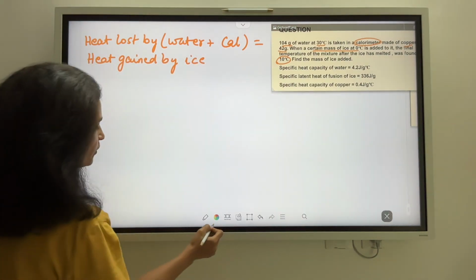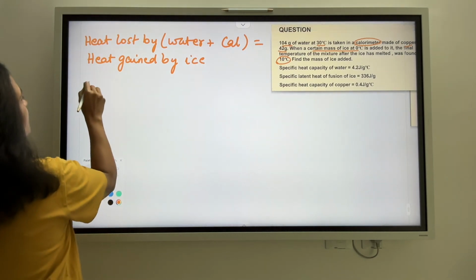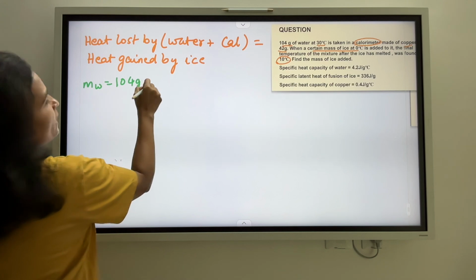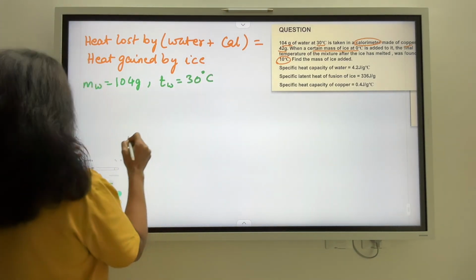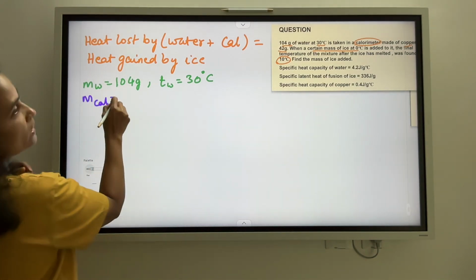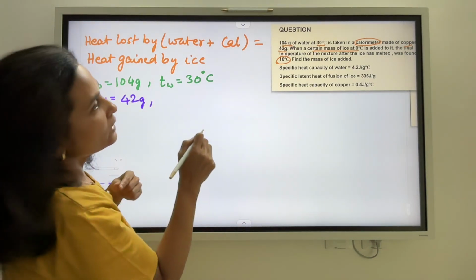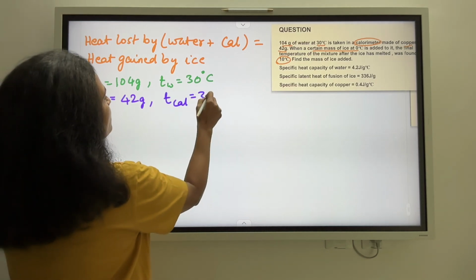So we have the mass of water as 104 gram. The temperature of water is 30 degrees centigrade. Now we have the calorimeter. The mass of the calorimeter is 42 gram and of course its temperature would also be the same as that of water.